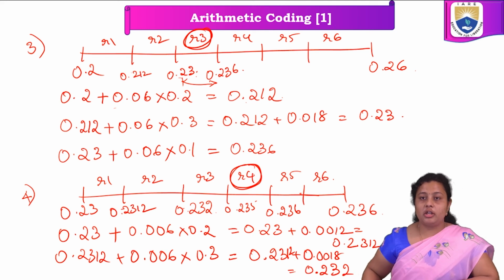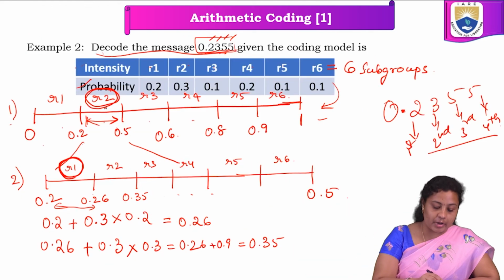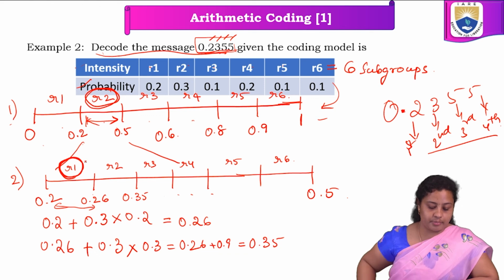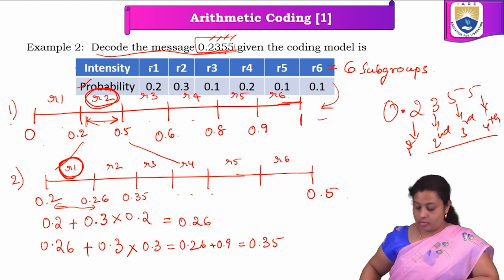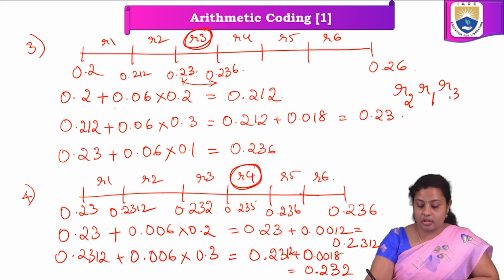Now the decoded message is given by the rounded values. So my values are R2, R1, next I have R3, next I have R4.